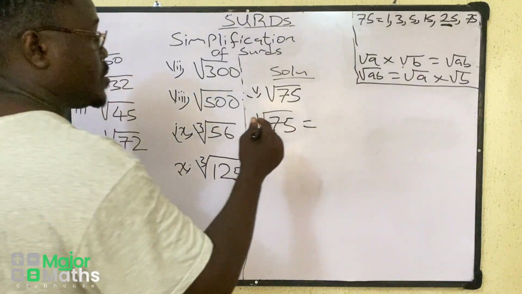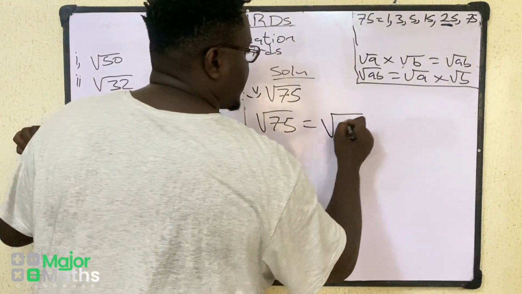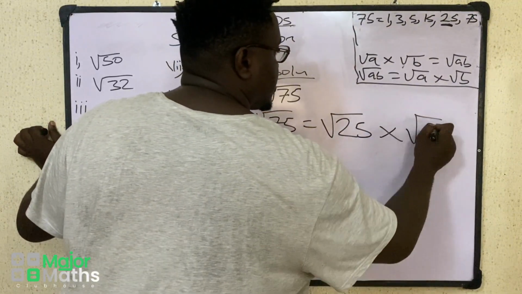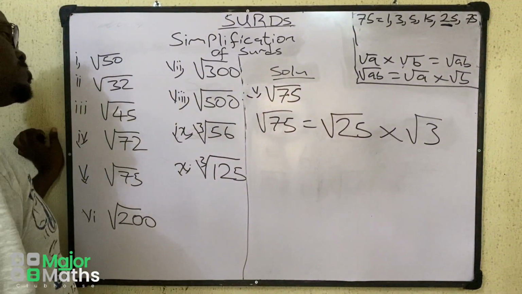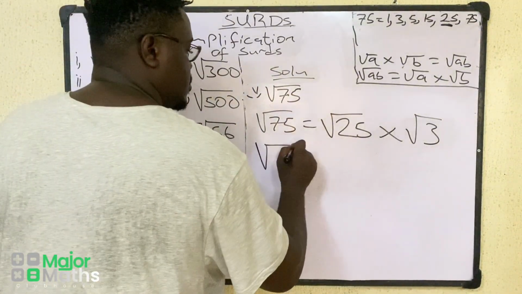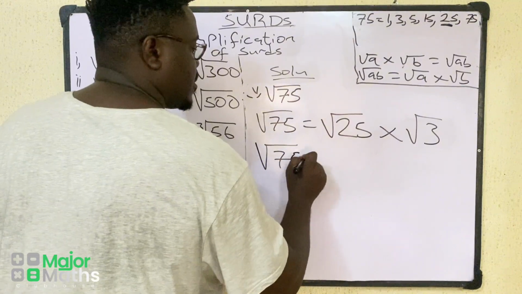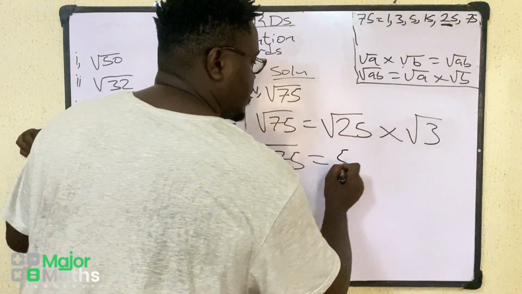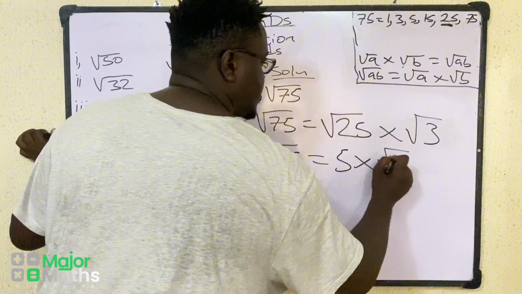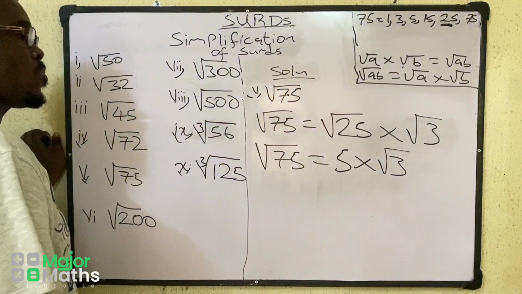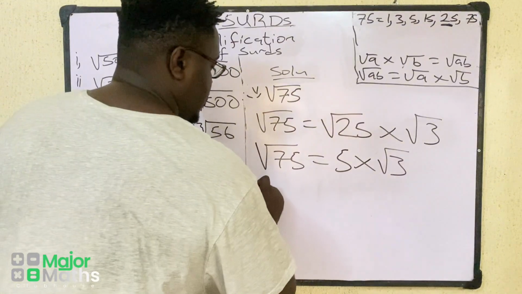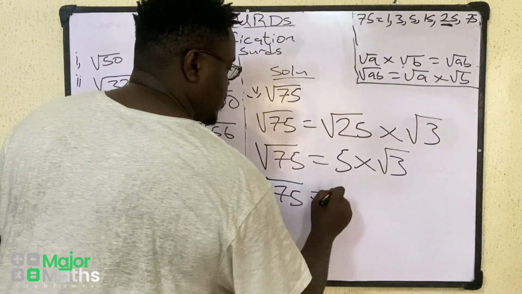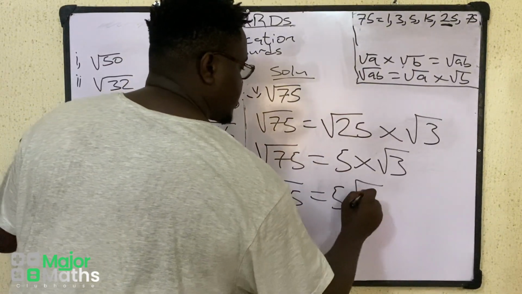So we have root 25 times root 3. The square root of 25 is 5, times root 3. So therefore, root 75 is equal to 5 root 3.